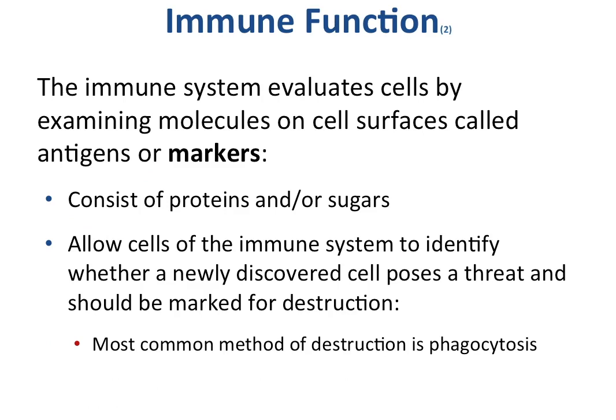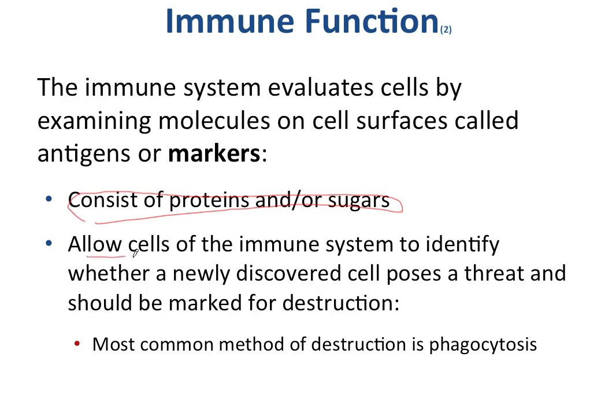So how does the immune system recognize foreign material and body cells? They do this job depending on the antigens on the surface of those cells. Those antigens could be proteins, or sugars, or a combination of protein and sugar, which is called glycoprotein.